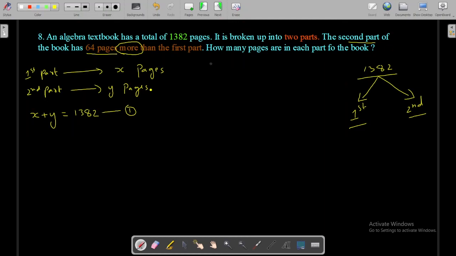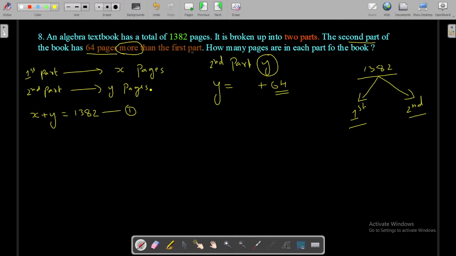So this point is important. How to find the second part? So second part is y. So I'll write y is equal to the second part of the book has 64 pages more. More means plus. So always write the number at the last.